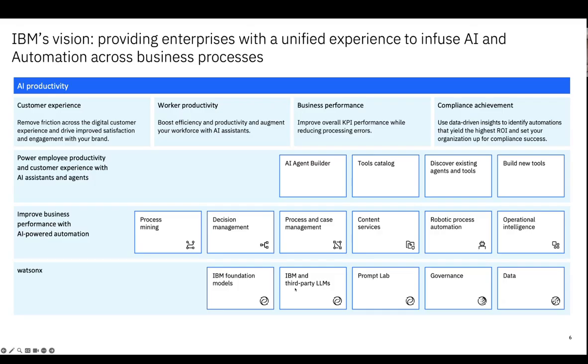We also support third-party large language models beyond our own Granite series. We have our own Prompt Lab where we can work on prompting and refining your prompts to improve the interaction with your agent or your large language models and the output that you receive. We have tools for governance and enforcing data compliance, sanitization, and also data preparation for your agentic workflows.